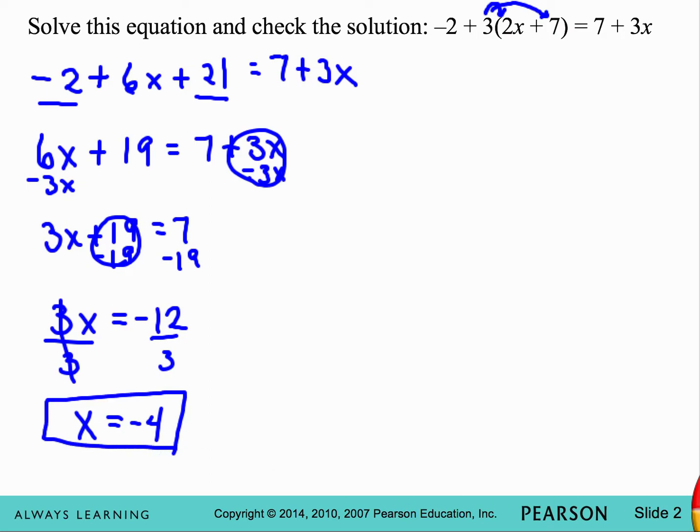Okay, and it asks us to check it, so we can always check any equation. I'm just going to plug this in everywhere there's an x and make sure that it makes my equation true. Is that really the same?